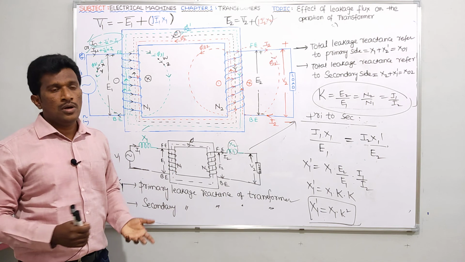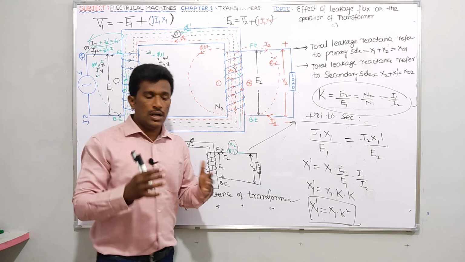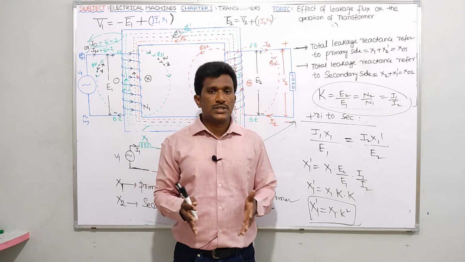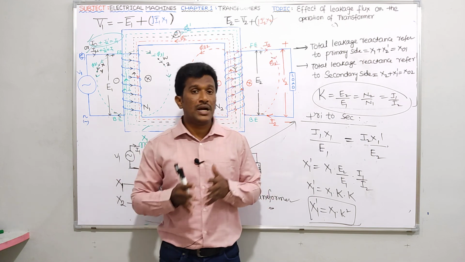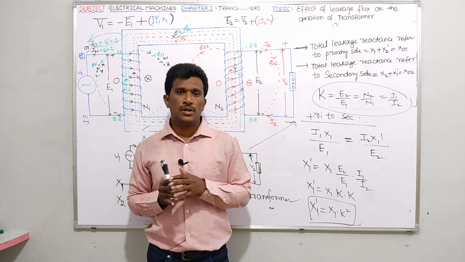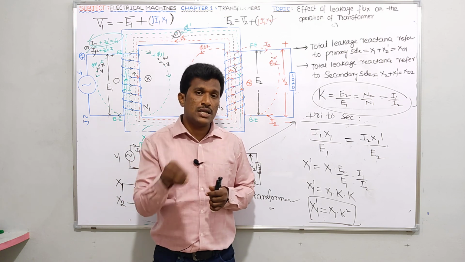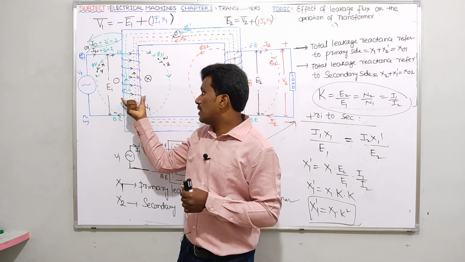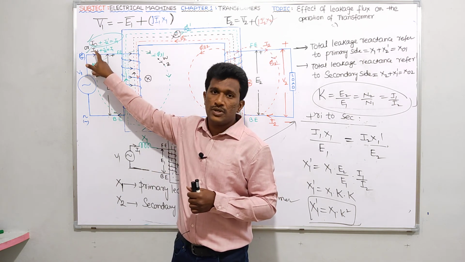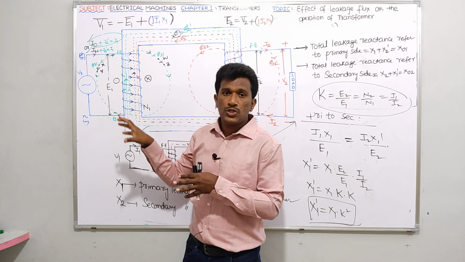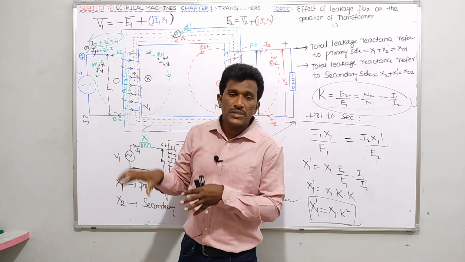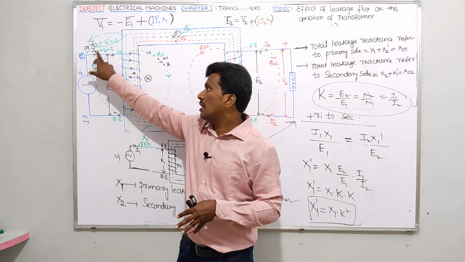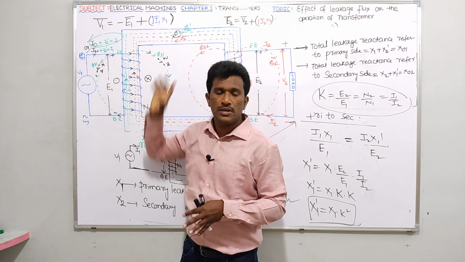So in the next video, by using these two sessions, we are going to construct the exact equivalent circuit of a transformer, meaning the practical equivalent circuit, where I will be showing resistance and reactance also. In the primary side, I will be showing R1, because the primary winding will have some resistance. And in the primary side, EX1 is the useless EMF. To compensate that useless EMF, let me connect some X1.